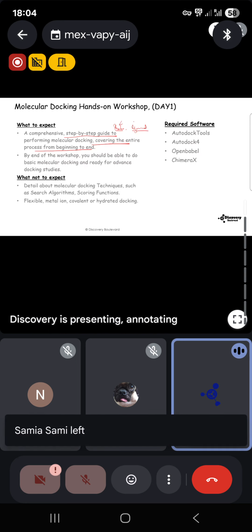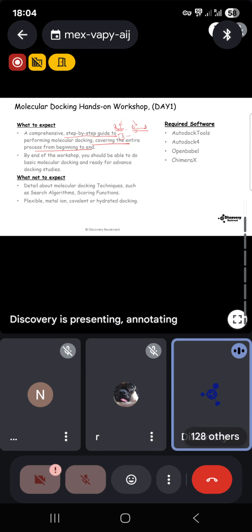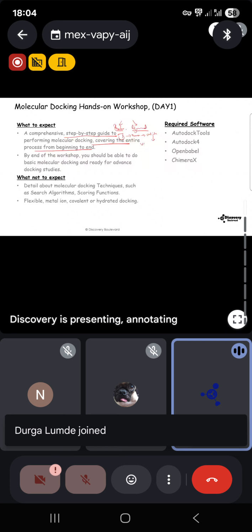We'll do protein preparation, ligand preparation, define the grid box, then run the docking and validate the docking protocol. If time permits, we'll visualize the interaction. So we'll go through the complete molecular docking workflow.